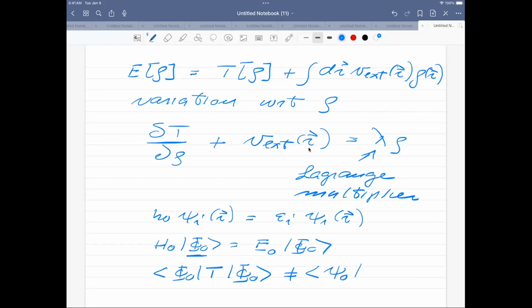So we have assumed now that H acting on this phi 0 is different from the exact energy, which I just labeled with this one.